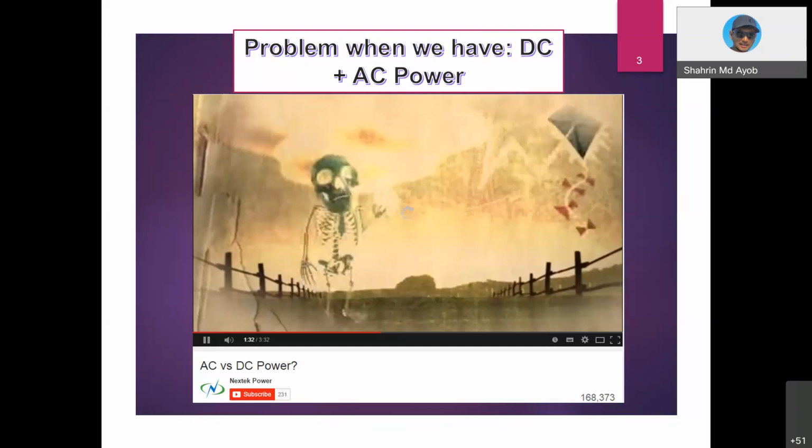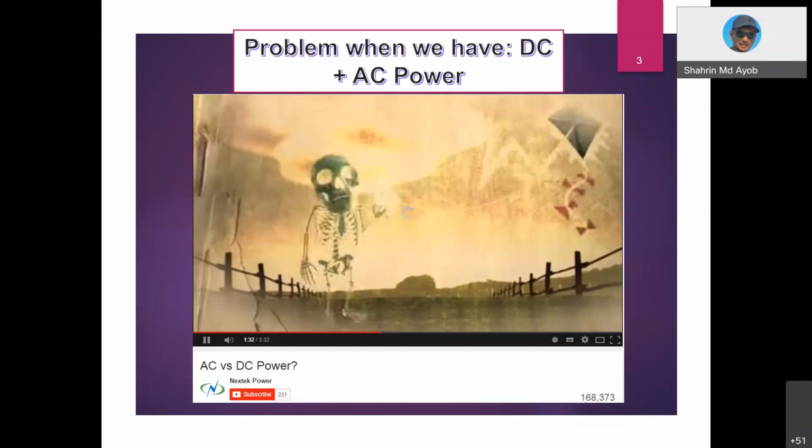The examples are our LED lamp and our laptop charger. What else? Our television actually works on DC voltage and DC current, because we are using semiconductors and transistors. Our computers also use DC power.